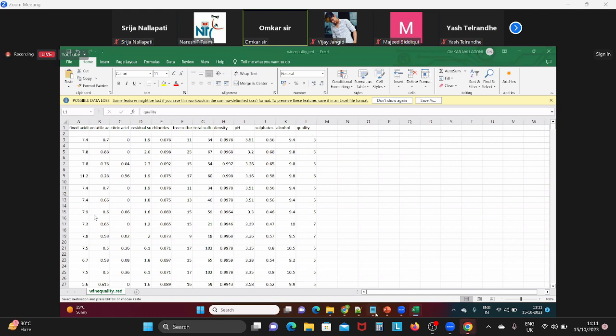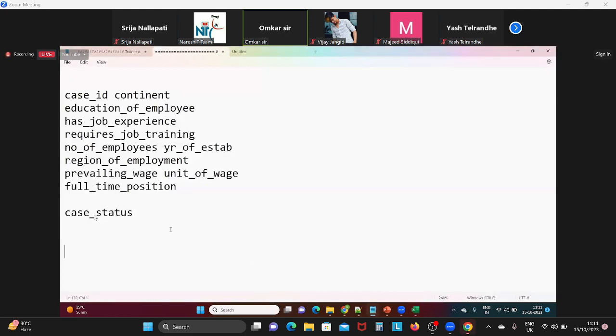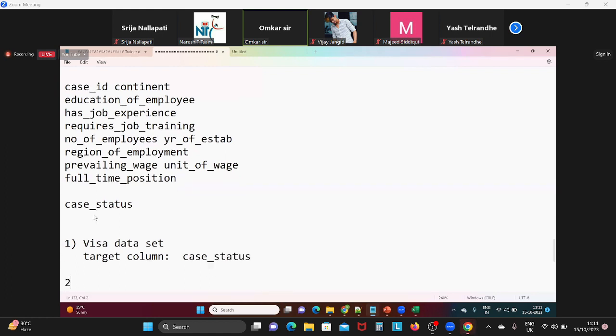Now, when you see the output data, the first data set we have seen is the visa data set, correct? What is the target column here? Case status. The second data set we have seen is the salary data set.